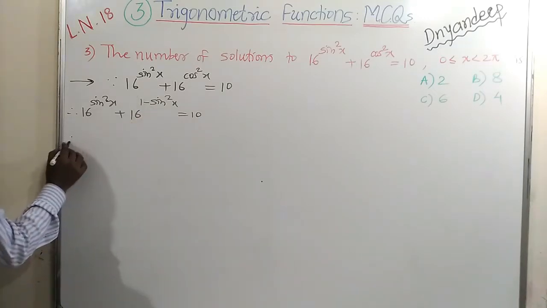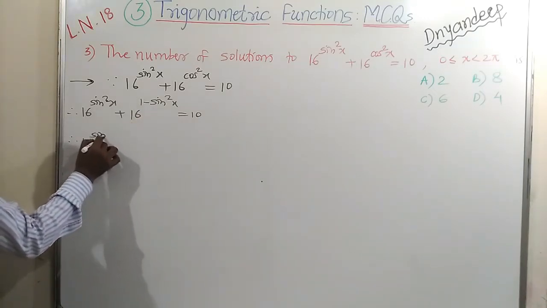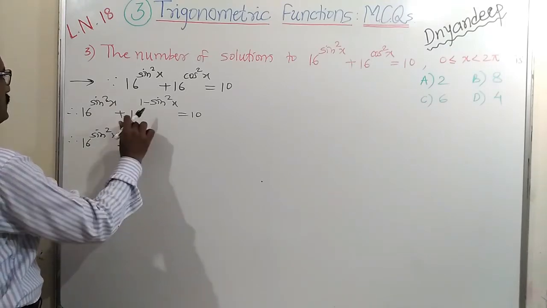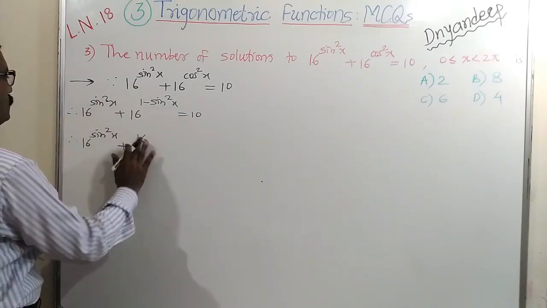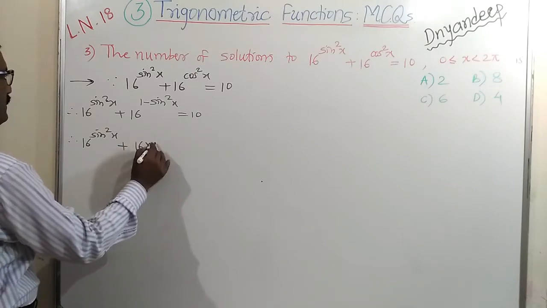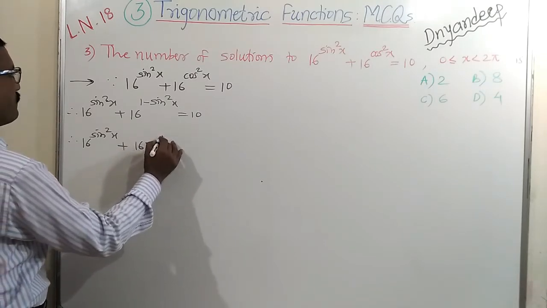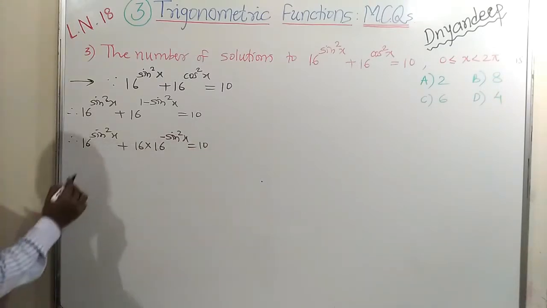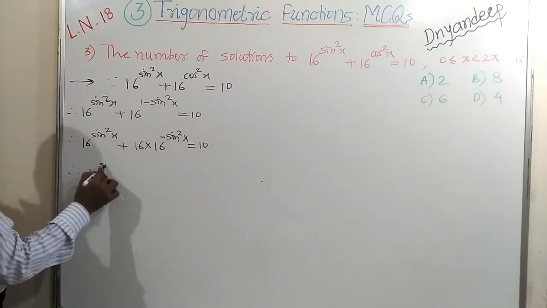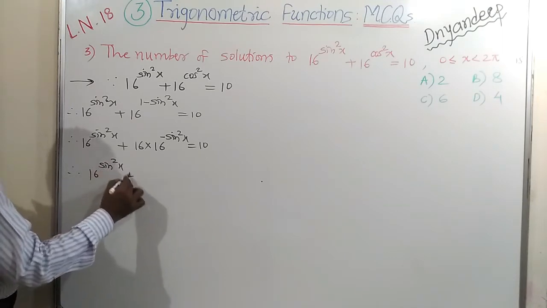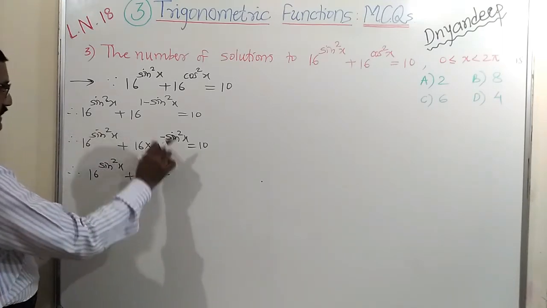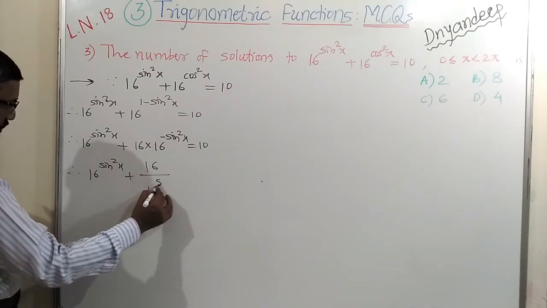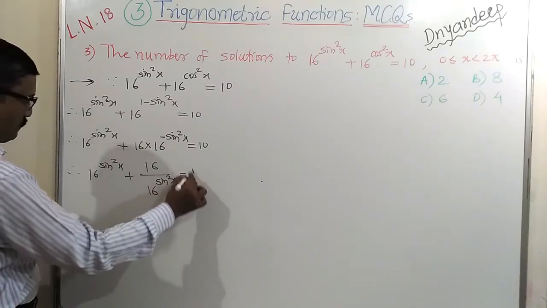This 16 raised to 1 into 16 raised to minus sin square x equal to 10. Therefore this will be 16 raised to sin square x plus 16 upon, we can take this term to the denominator, 16 raised to sin square x, equal to 10.